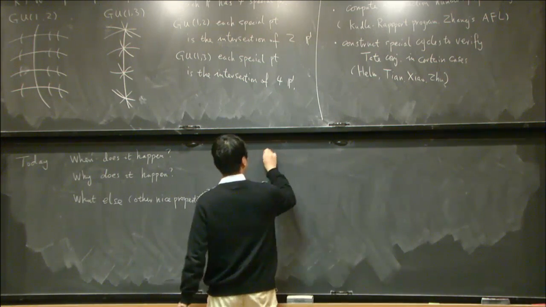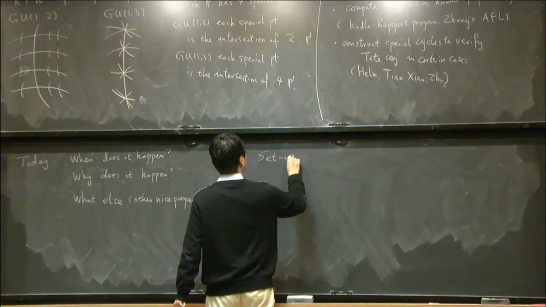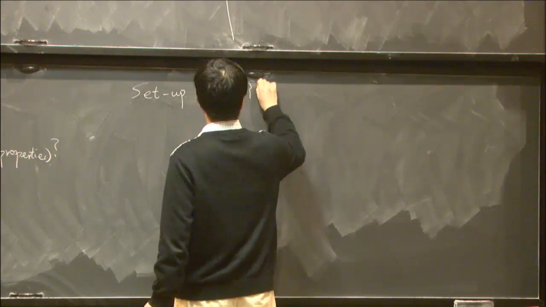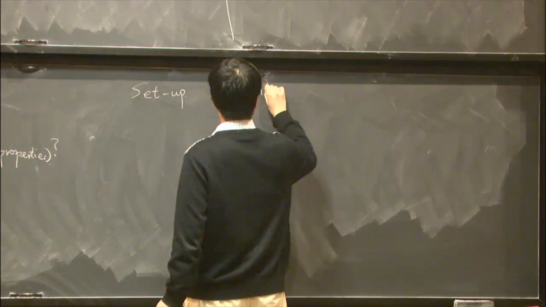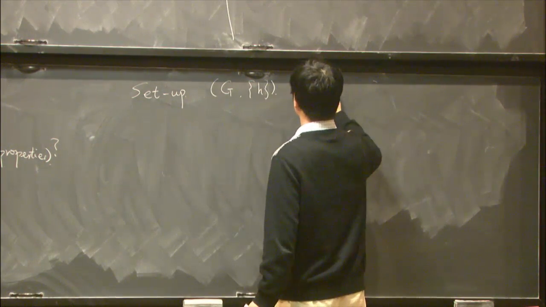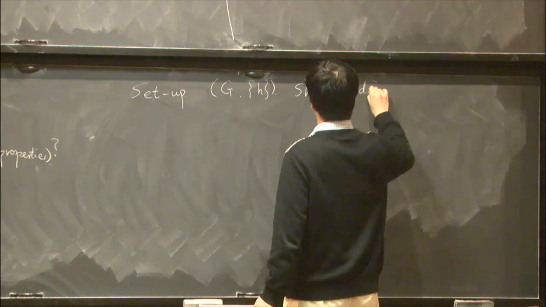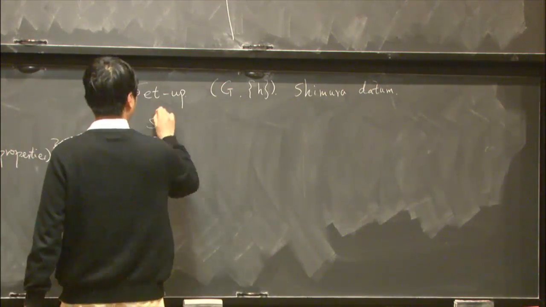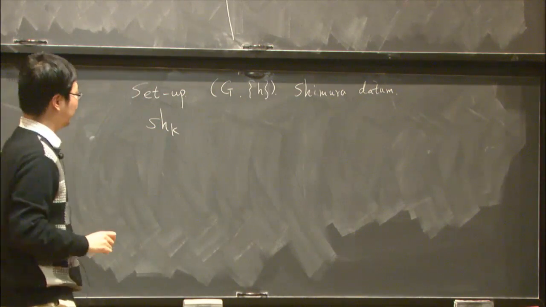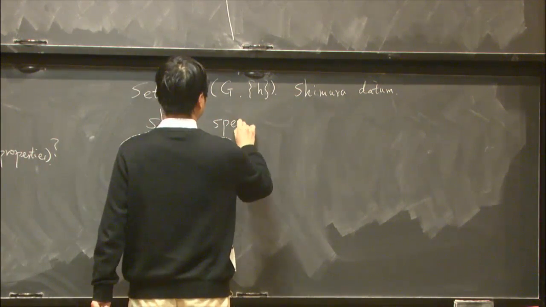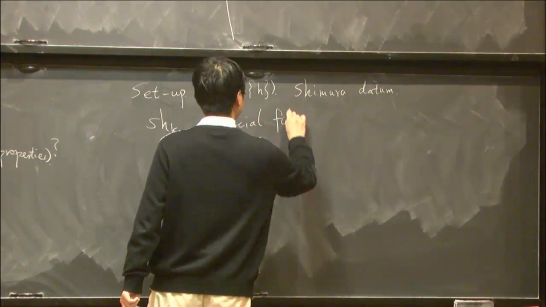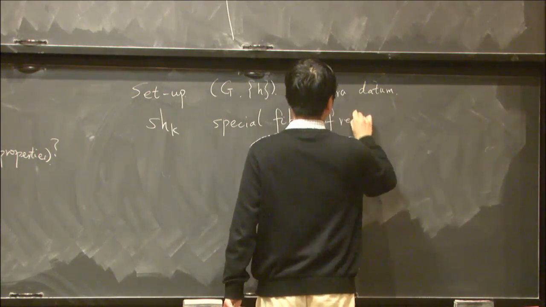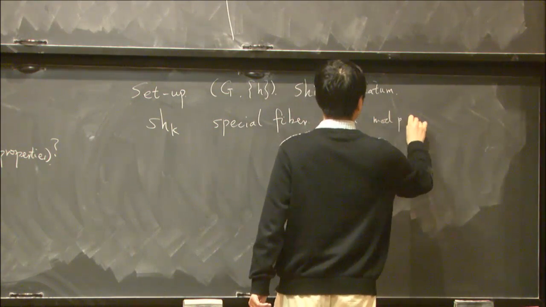OK, so the general setup. Let's see, we start with the Shimura datum. And I denote this, this is just the special fiber, the reduction mod p of the Shimura variety.